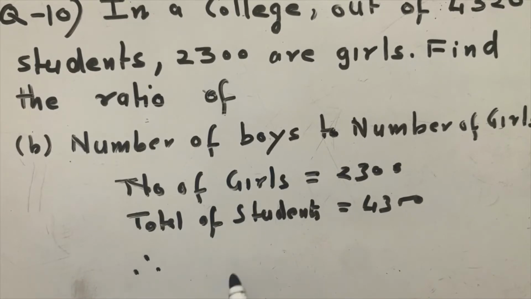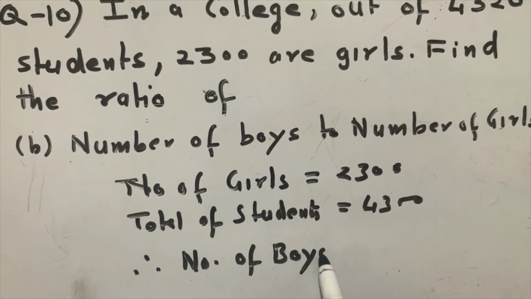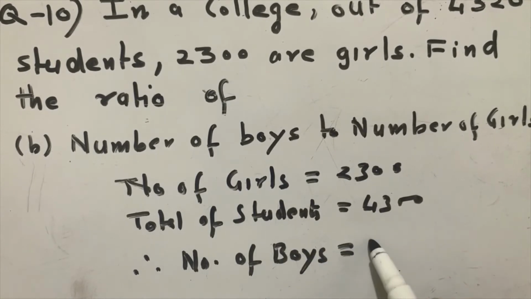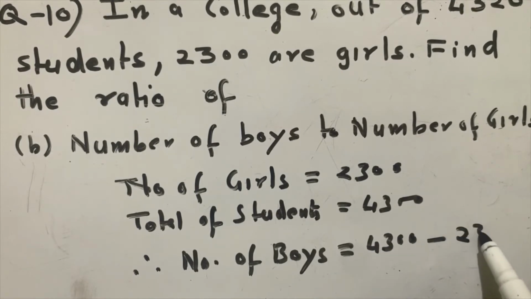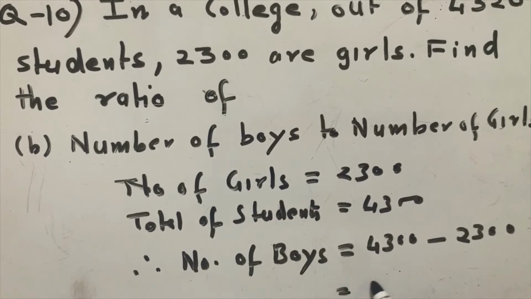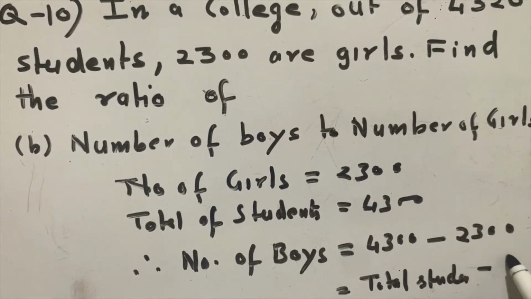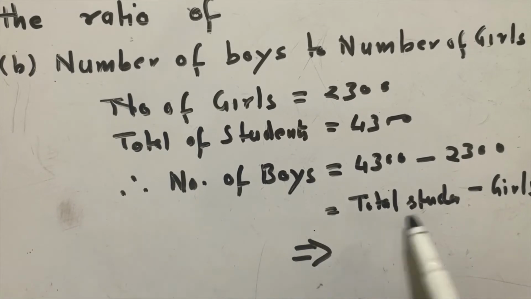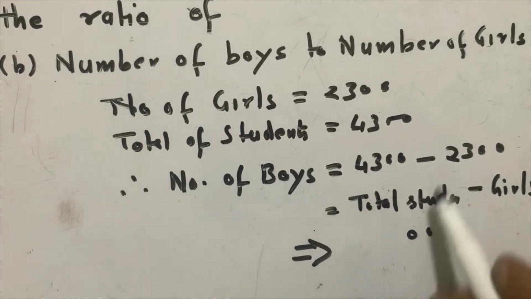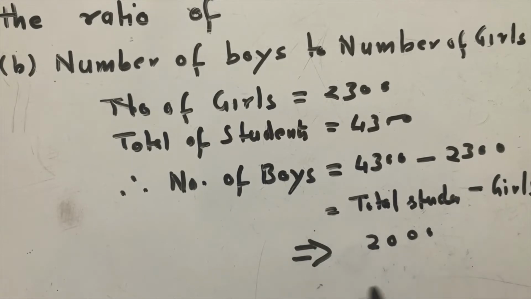Therefore, number of boys is equal to 4300 minus 2300, total students minus girls, which is 2000.